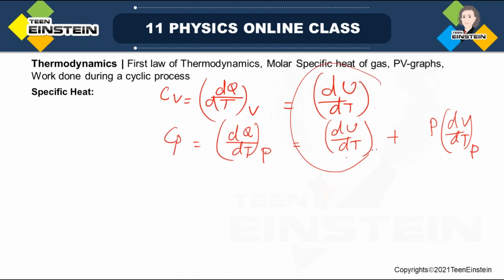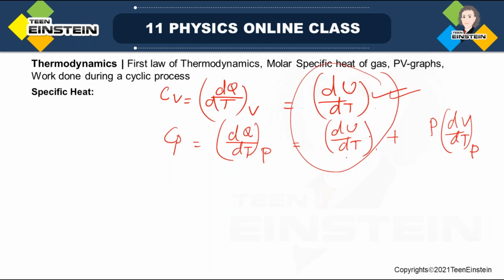See, the first term is same. In both cases, the amount of heat we supply is spent to increase the internal energy. In the case of Cv, the whole part does the same job.